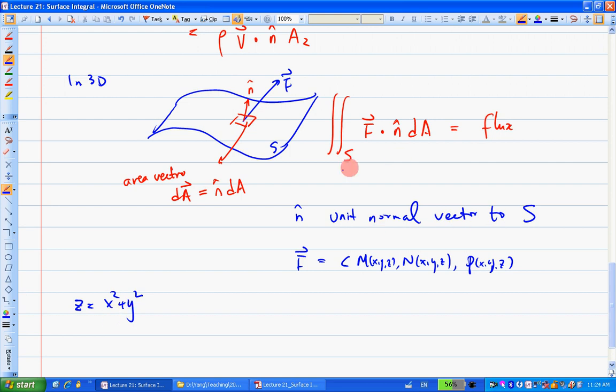Aside from calculating this flux, if I just ask you, what is the unit normal vector to this surface, how would you calculate it? How do you get a normal vector to a surface? The plane equation, but this is a surface here.